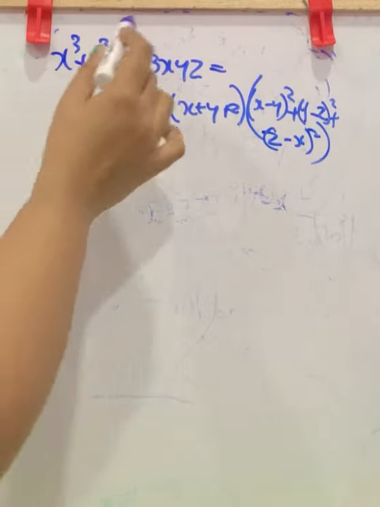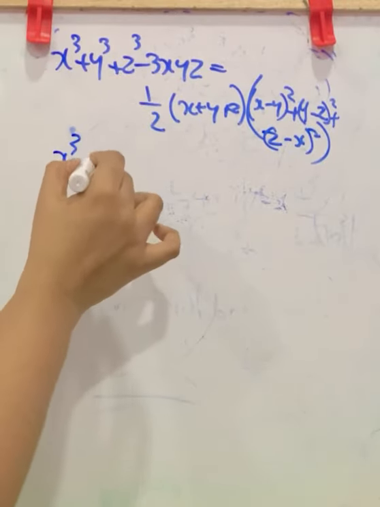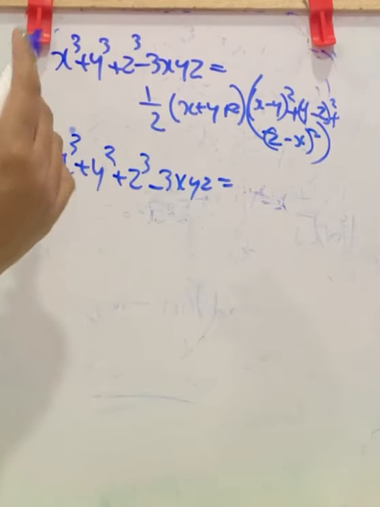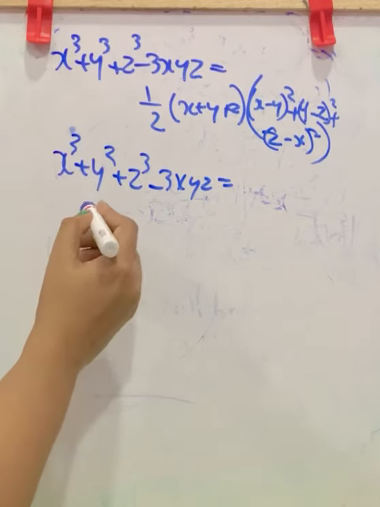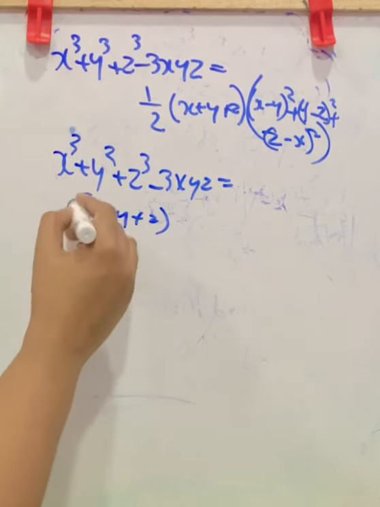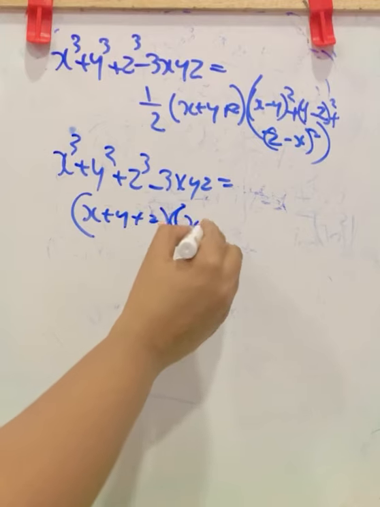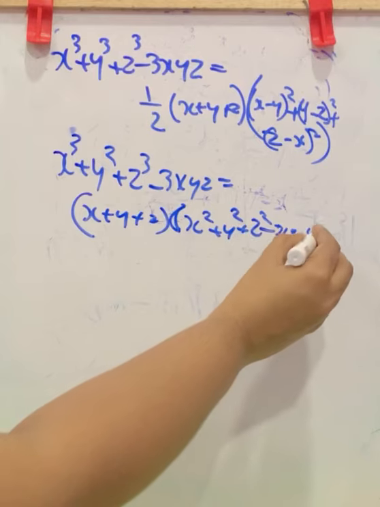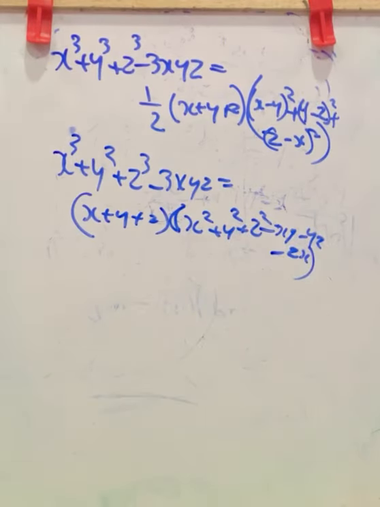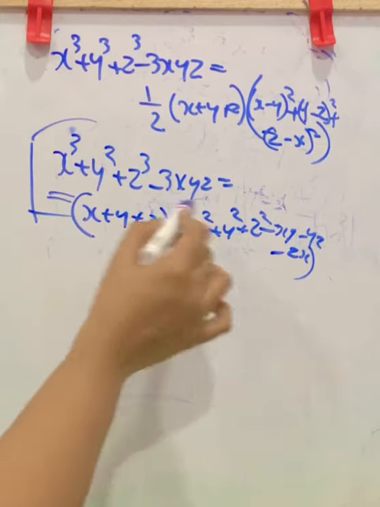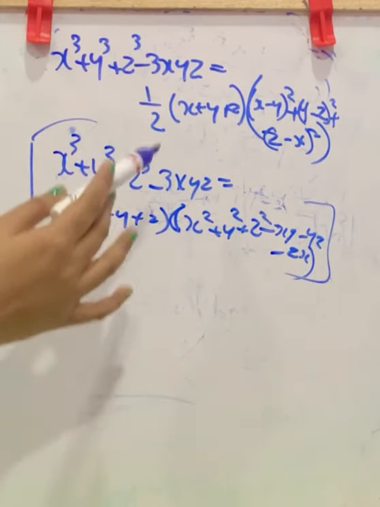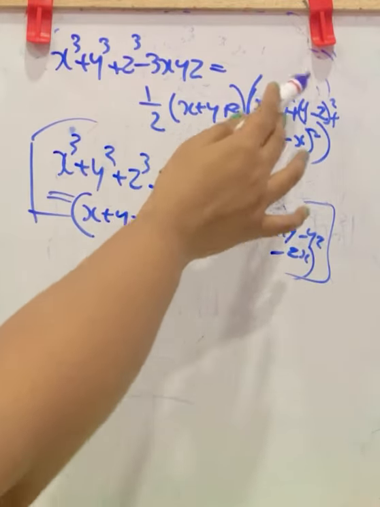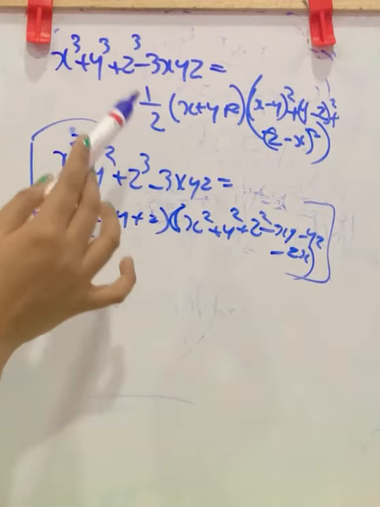Here we know an identity, that is x cube plus y cube plus z cube minus 3xyz is equal to x plus y plus z into x square plus y square plus z square minus xy minus yz minus zx. Close the bracket. This is the identity which we know. The difference between the question and our identity is that there is an extra half here.